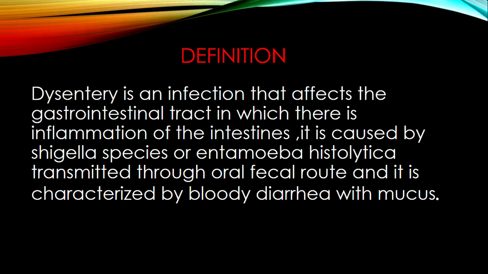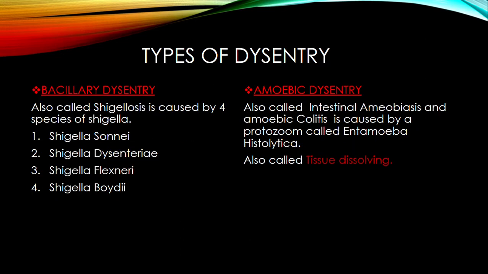Then we also have amoebiasis dysentery, which is caused by Entamoeba histolytica. It is characterized by bloody diarrhea with mucus in it. So with that definition, you can get your 5 marks.